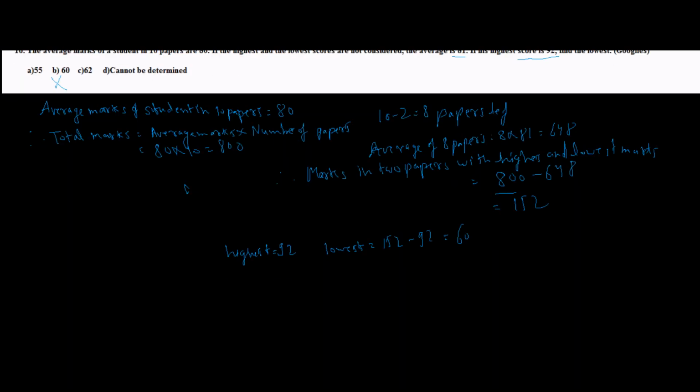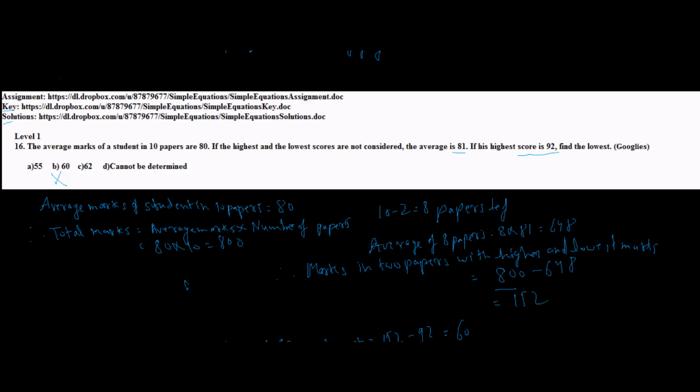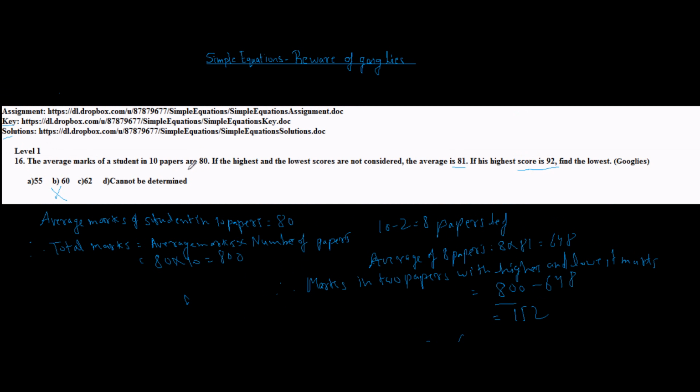But what they have not mentioned is that the student has got highest and lowest marks in only one subject. There is still a possibility of him getting highest marks in more than one subject and similarly lowest marks in more than one subject. In that case, this assumption is wrong.